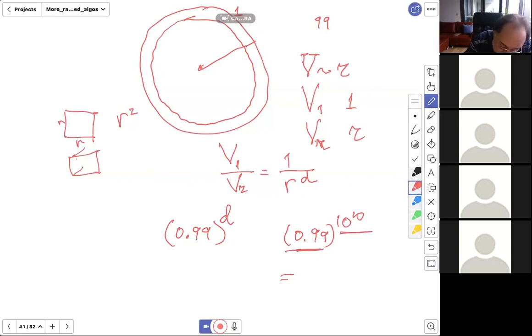So the ratio between the volumes of the big ball and the small ball, the small ball will have volume almost 0, because 0.99 to a large power is extremely small. So nothing is here, most of it is near the surface.